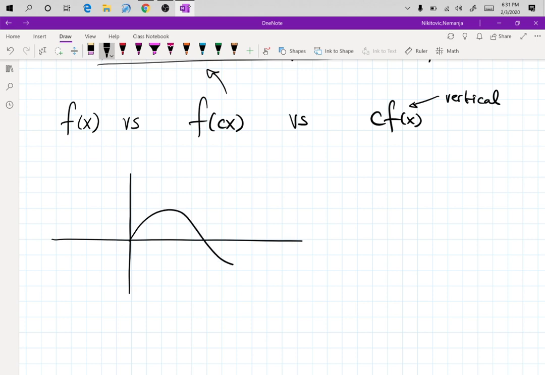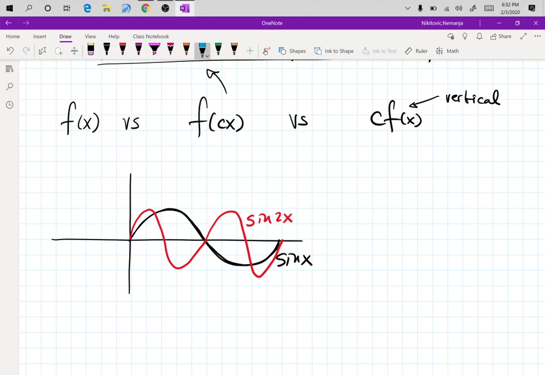So if this is my original sine x, I can make that twice as fast using sine 2x. Eventually, this precalculus might manifest in your life as physics, and you learn waves, and you learn that this is twice as fast.